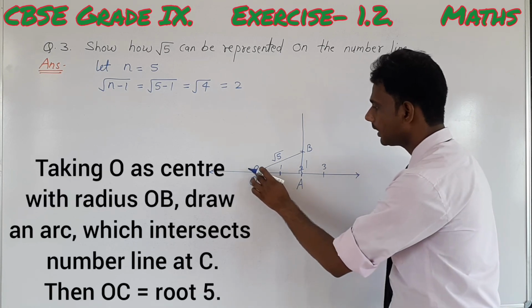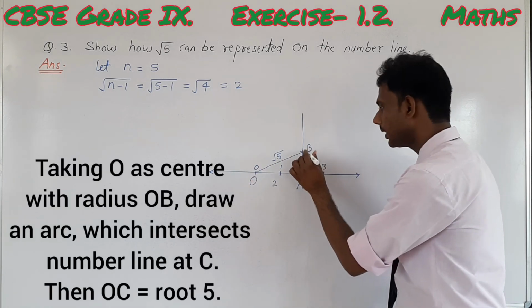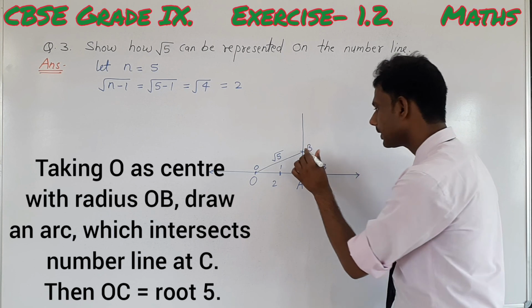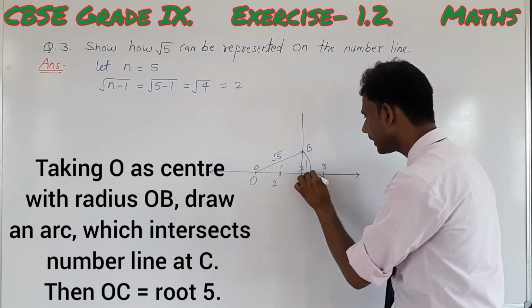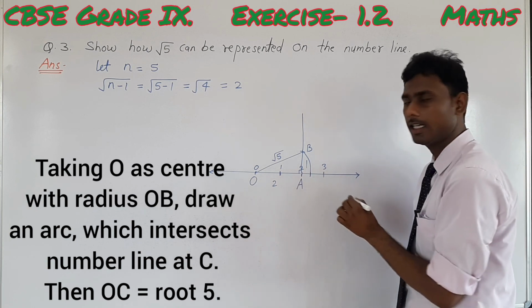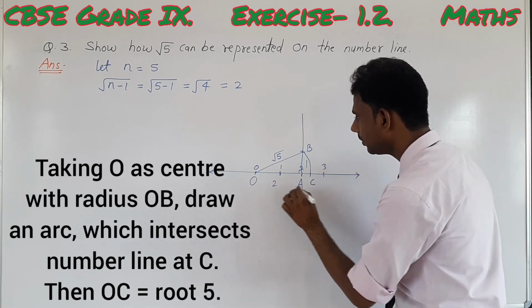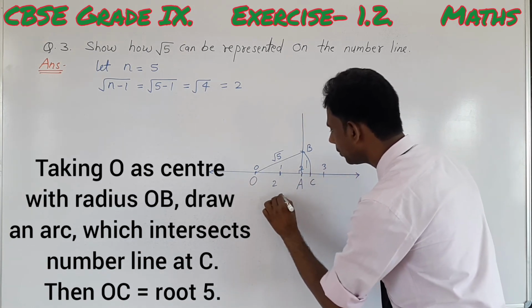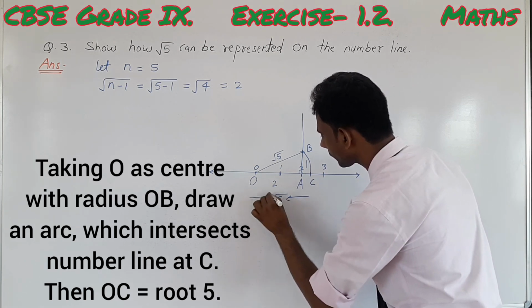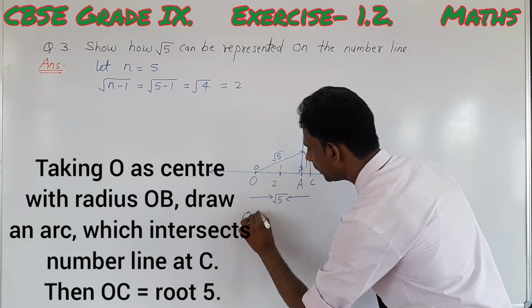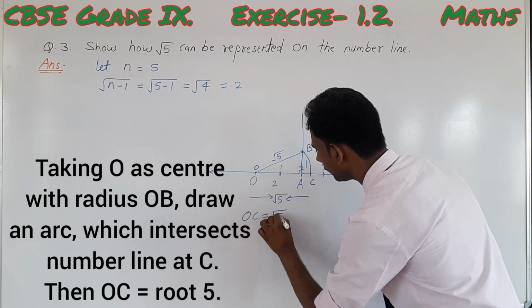Taking O as center and OB as radius, with the help of a compass, draw an arc which intersects this line at point C. Now OC represents root 5. OC equal to root 5.